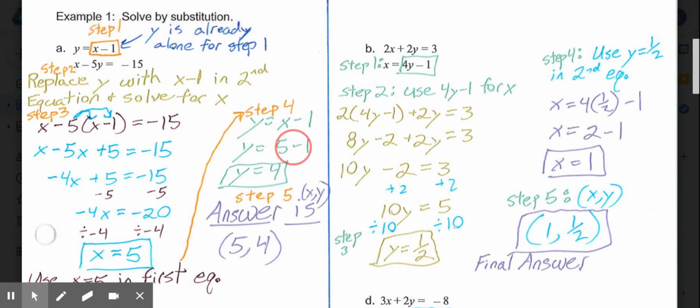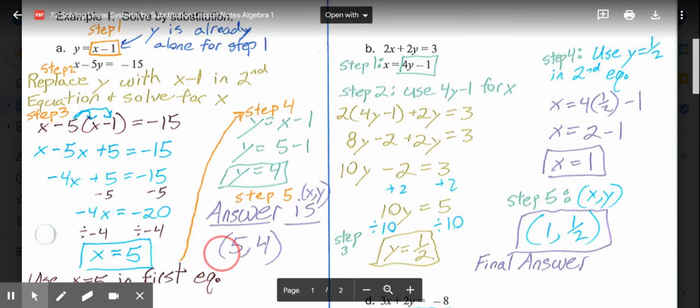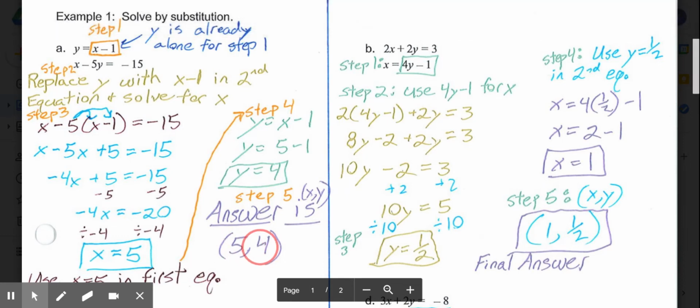So y equals 5 minus 1, meaning y equals 4. So for our final step, we're taking x and y and writing them as an ordered pair. Always goes x comma y. So our answer to this system of equations would be the ordered pair 5, 4.